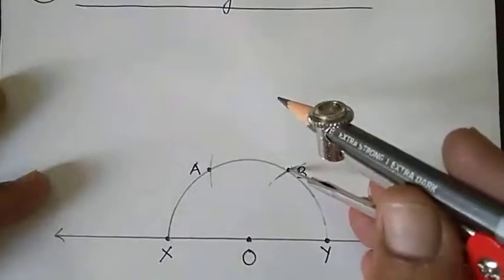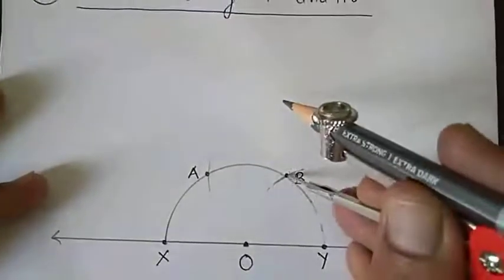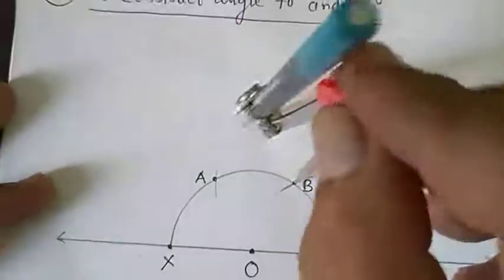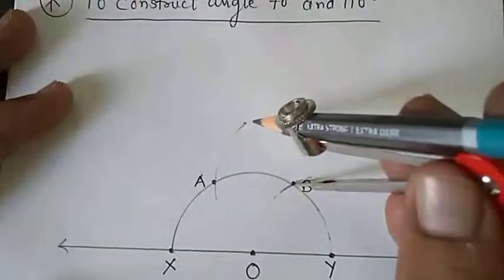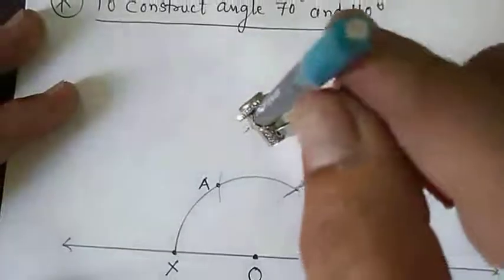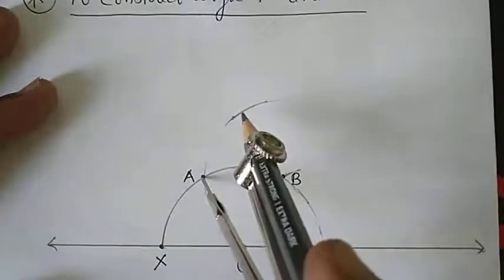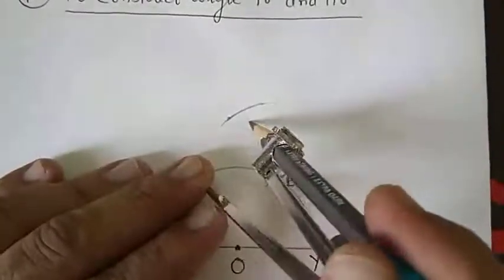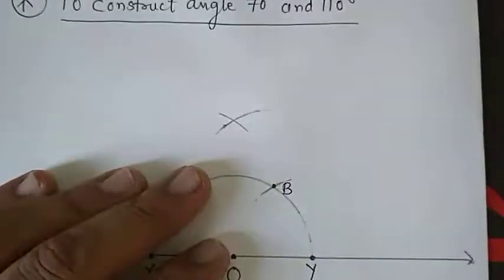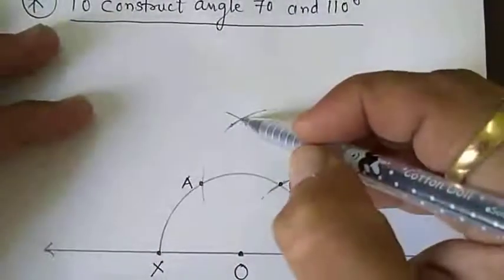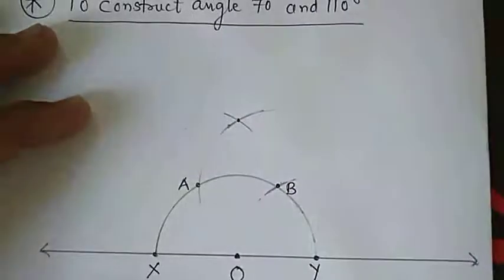So we need the bisector of it, but put it properly, otherwise there may be variation. Sometimes we have to keep it properly, not too hard, not too light. So thus intersecting point from both this point A and B, we will get here 90 degree bisector.